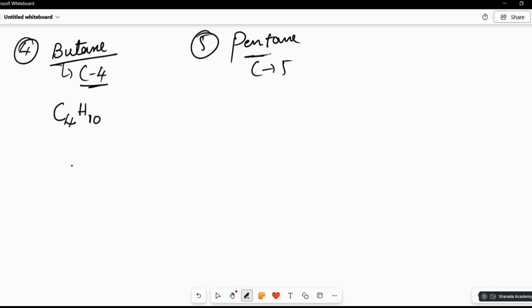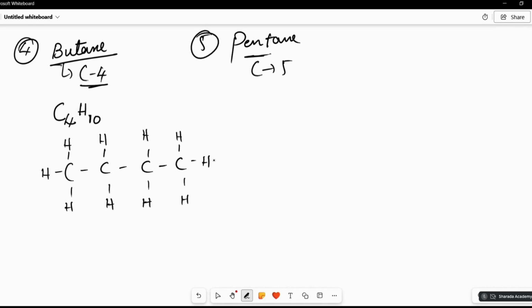And here you have 4 carbon atoms. So electron dot structure, everyone knows, no? No need to write again now. So pentane will be C5H12. And same way we can write 3, 4, 5.